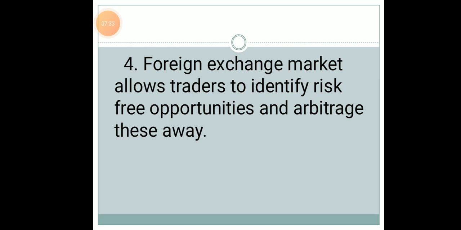So you are selling the same commodity at a higher rate in another market, that is called arbitrage. In the foreign exchange market, traders and speculators buy a certain currency in one market at a lower rate and sell the same currency at a higher rate in another market. That is called arbitrage. For doing all these activities and financial transactions, they have to have a certain place. It is called the foreign exchange market.